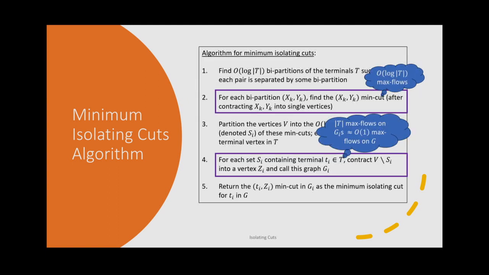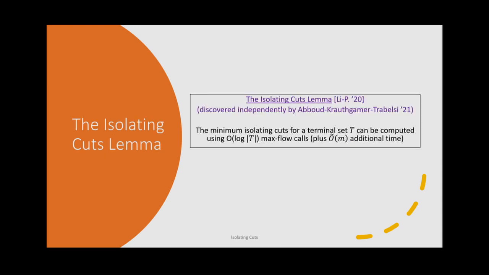So that means I can claim that although there are t min cut calls, the total time I take on them is about the same as a constant number of min cut calls on my original graph. Okay? And once I make this observation, that gives us the isolating cuts lemma. So this lemma says that the minimum isolating cuts problem can be solved using log t max flow calls.